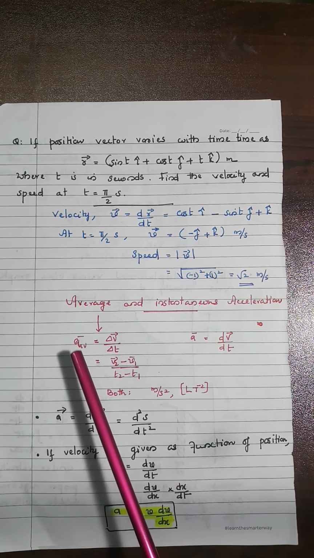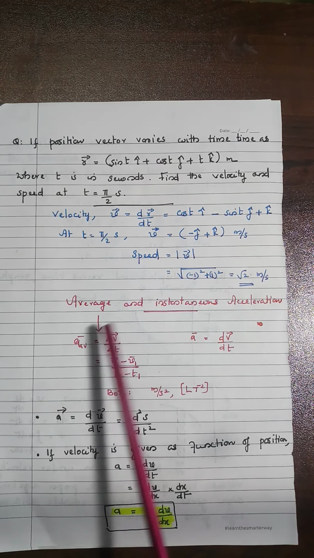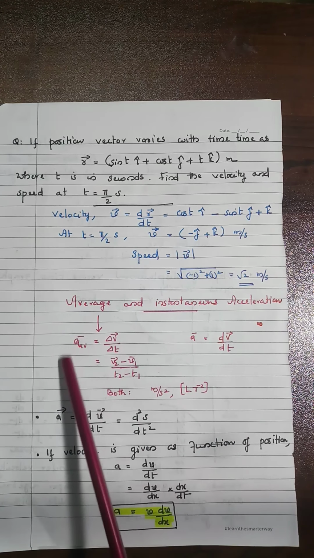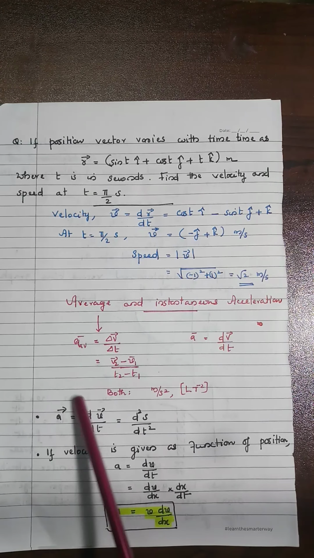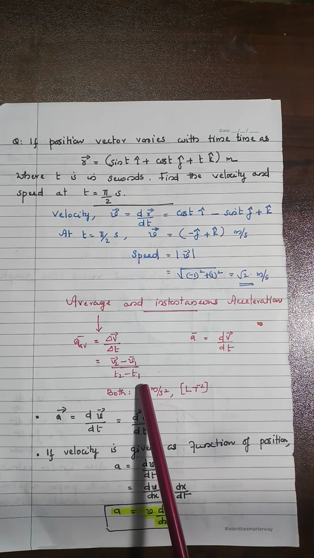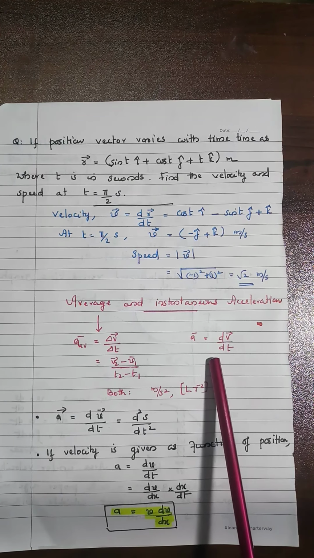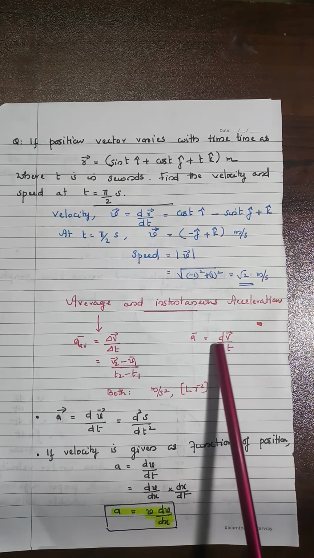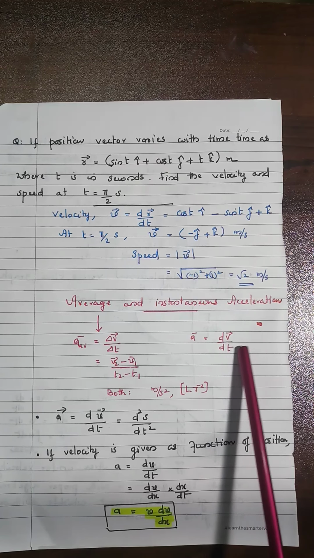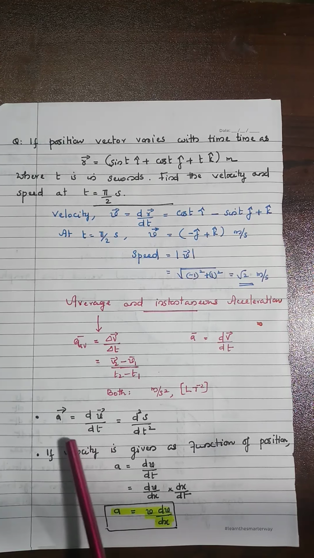Then another very important point: what is the meaning of average and instantaneous accelerations? Look here. The average acceleration means the change in velocity per time interval. But for the instantaneous, if delta t tends to 0, dv by dt is taken as the instantaneous acceleration.